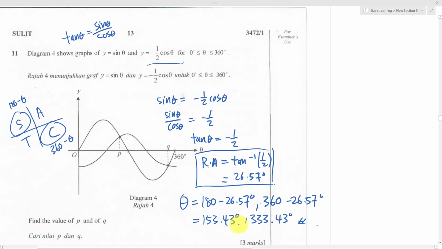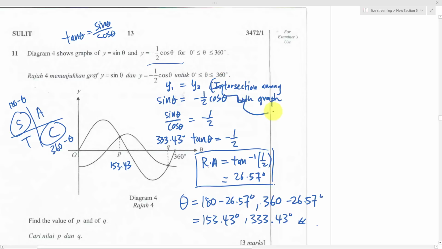When I substitute them, the two values I get will be my intersection points, 153.43 and 333.43. Because when I substitute y1 into y2, I'm finding the intersection point between both curves, both graphs.